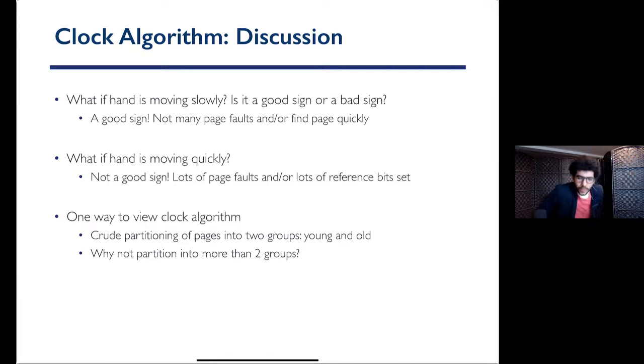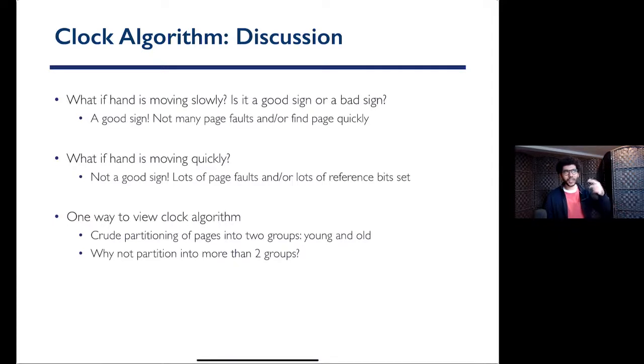Now, one way of looking at the clock algorithm is that we're putting all pages into two different groups. One group has a valid bit of 0, one group has a valid bit of 1 on every page fault. The ones that have a valid bit of 1 are safe. We're not going to evict them. The ones that have a valid bit of 0 are at risk.